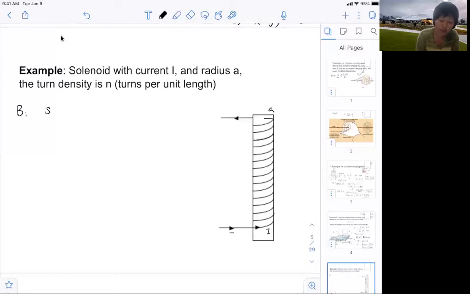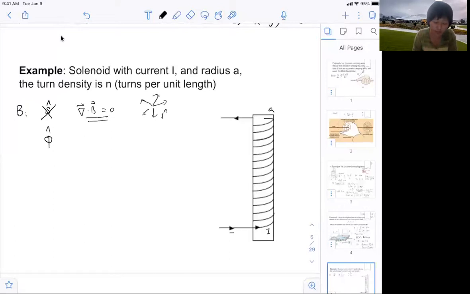First of all, I claim B does not have an s component, because if you do have an s component, it radiates away from the center. That's the radial component. If you do have that component, that will violate the no magnetic monopole Maxwell equation. So we cannot have an s component.